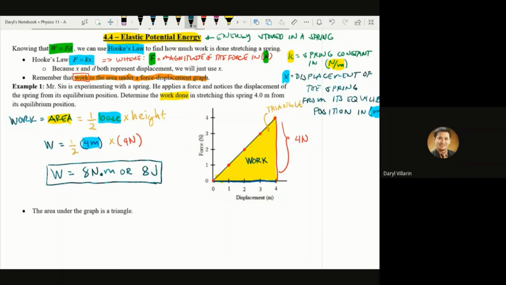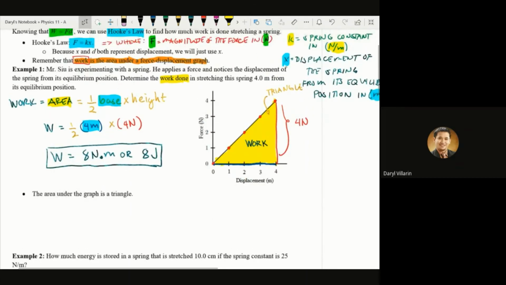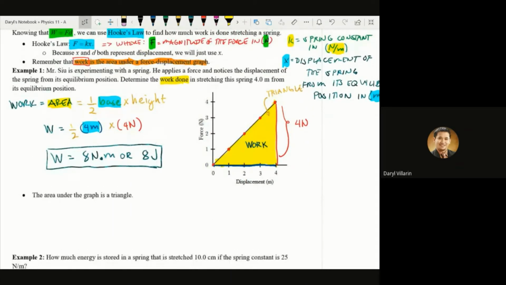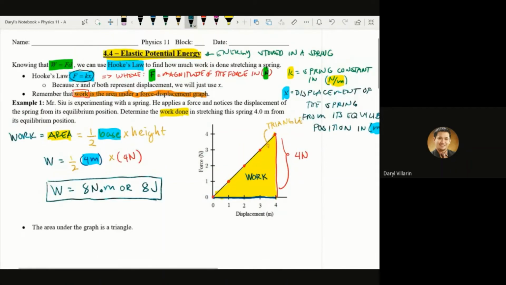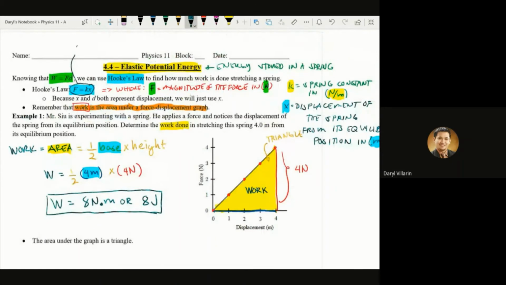So according to Hooke's law, remember that in this particular case, this is just an equation of a line, right? If you can remember, this is just an equation of a line. Wherein, if you base it on this graph here, that means that F is just directly proportional to the displacement.